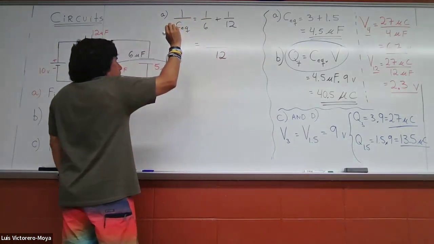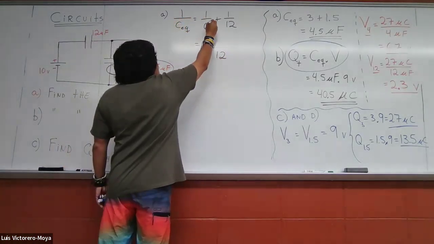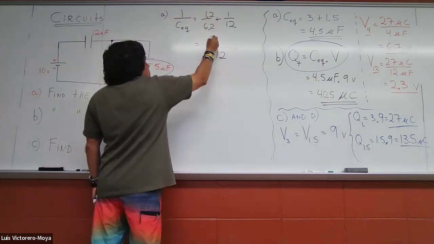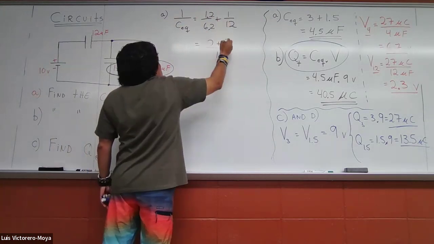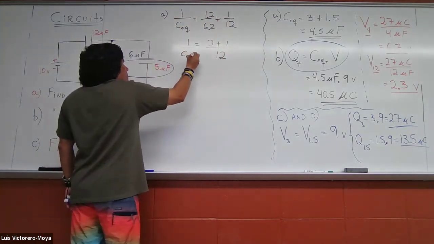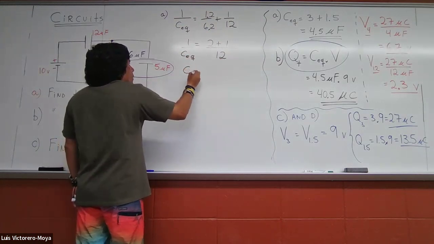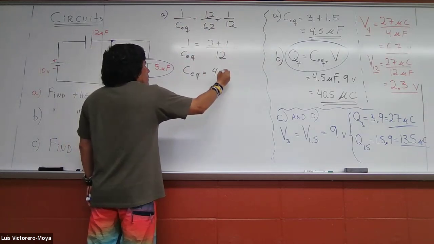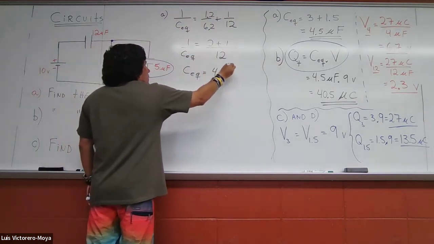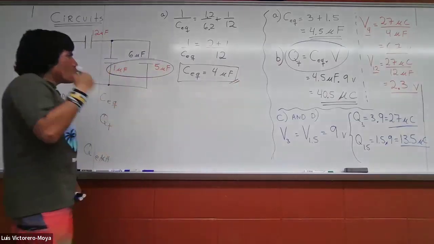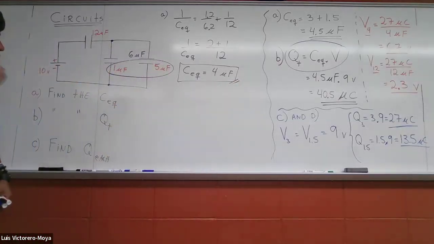Like that. Right? So C equivalent is 12 divided by 3. That's the equivalent capacitance.